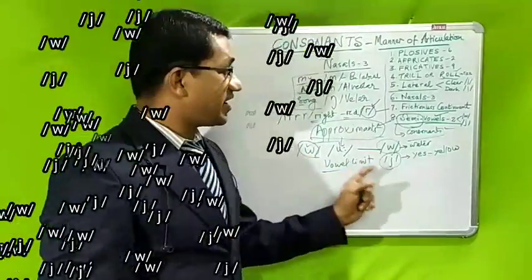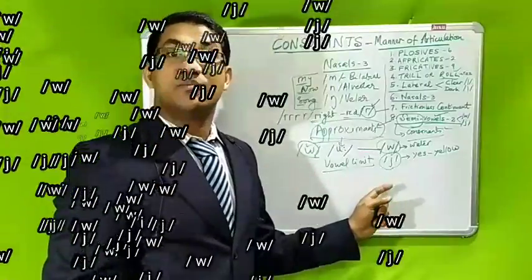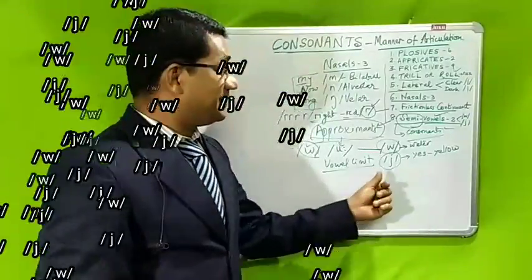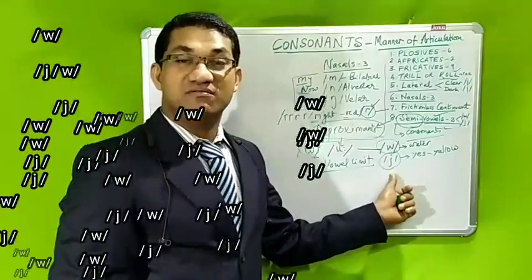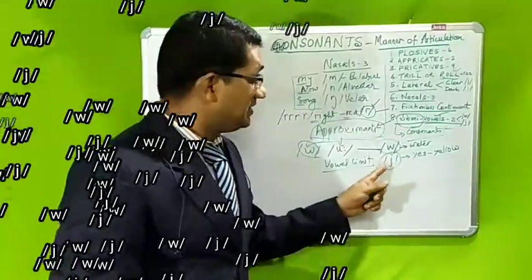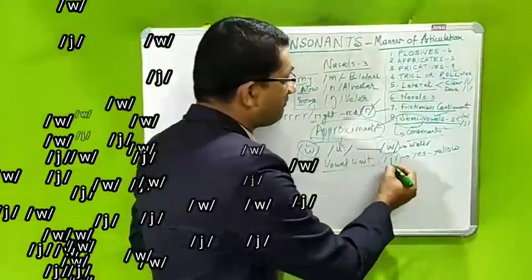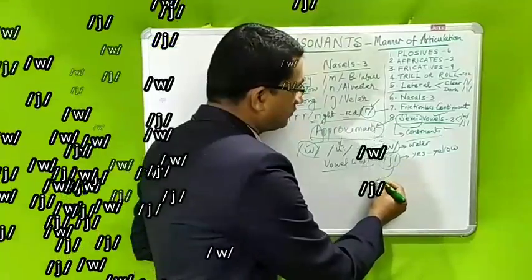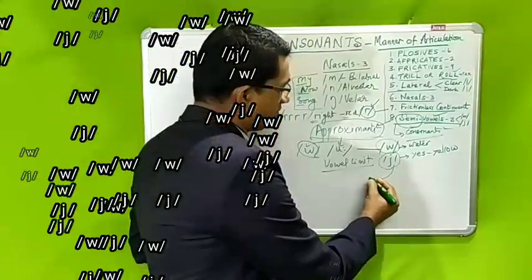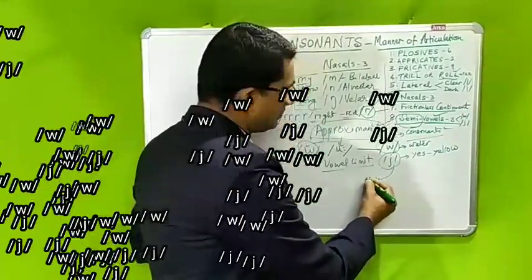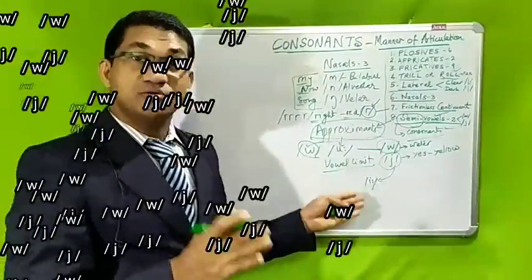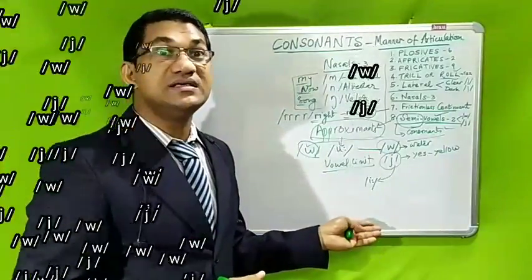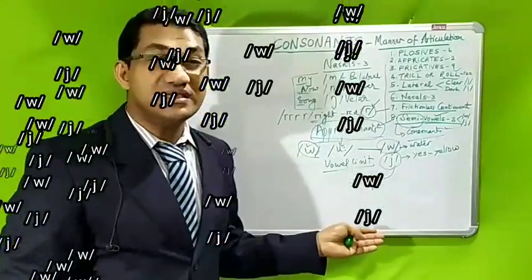Now we discuss the second semivowel or approximant, that is y. Just like the first semivowel w, y has half the quality of the vowel sound ee. We are about to say the sound ee, but we don't say ee.